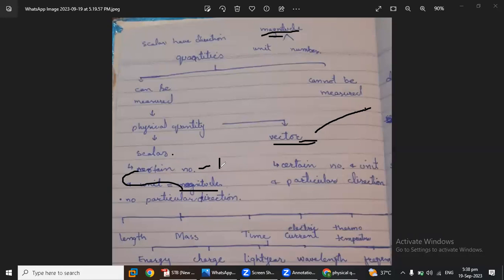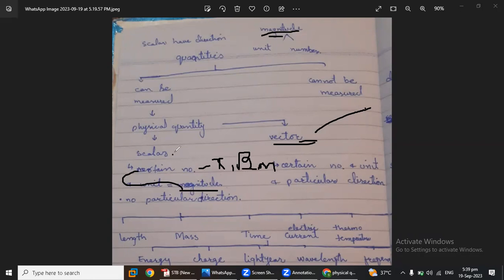Any real number like pi, like under root 2, is a real number, and with any unit, like pi meter, or 3.427 meter, or under root 2 meter of anything, or under root 2 area, or centimeter cube of volume of something, that with a unit makes a scalar quantity.